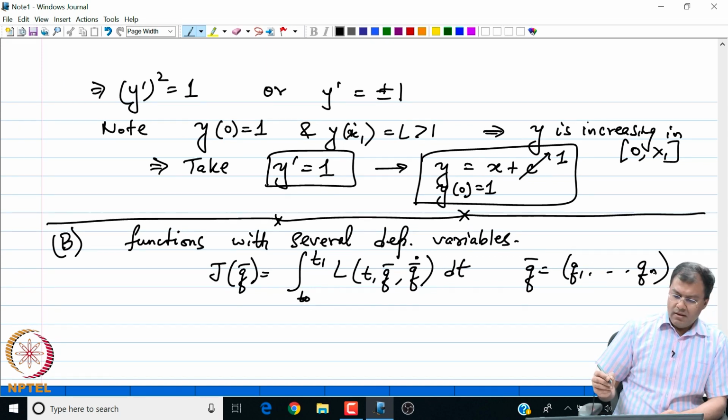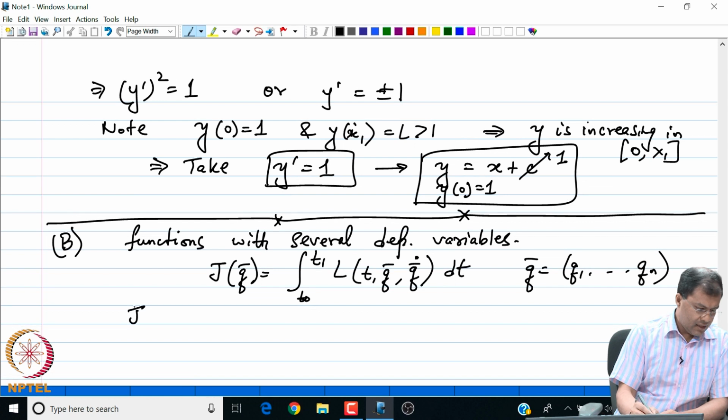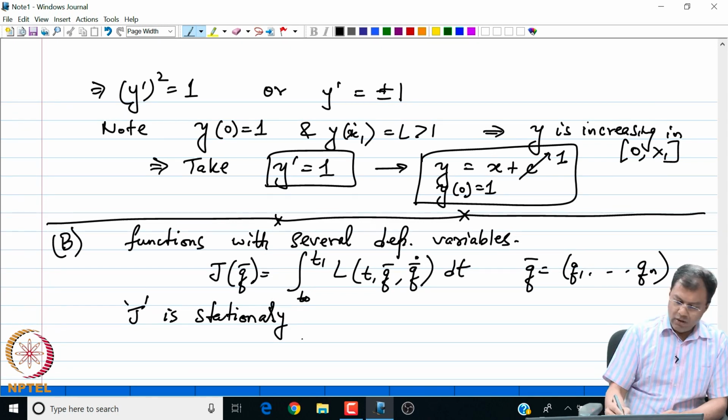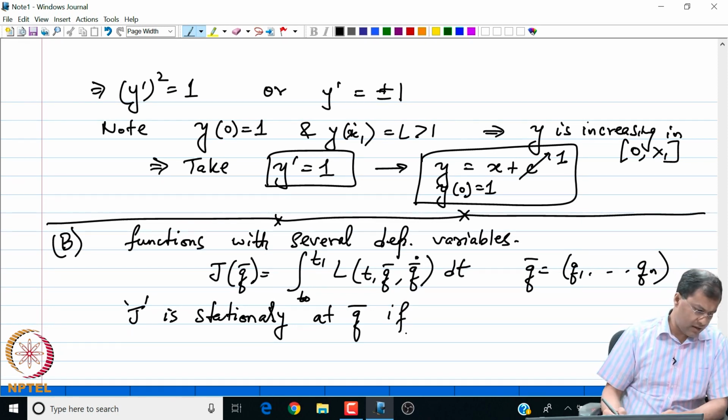Okay. So, what have we got? We have seen that J is stationary at q if, first of all, the system of Euler-Lagrange equations is satisfied.